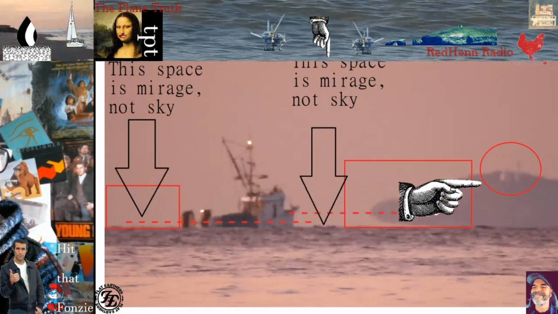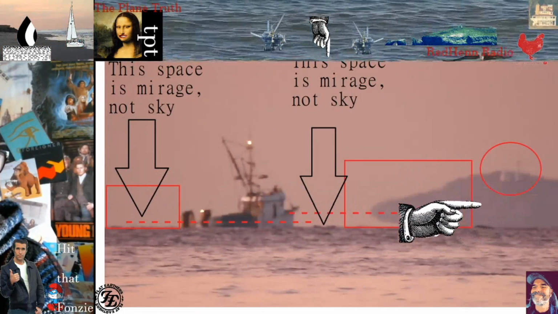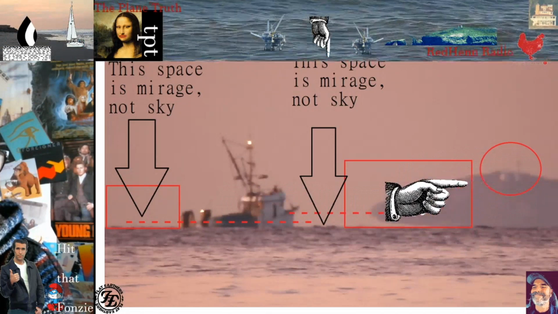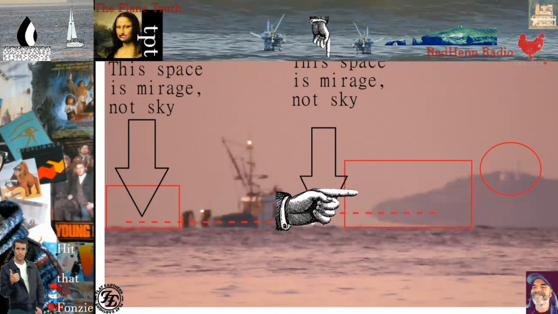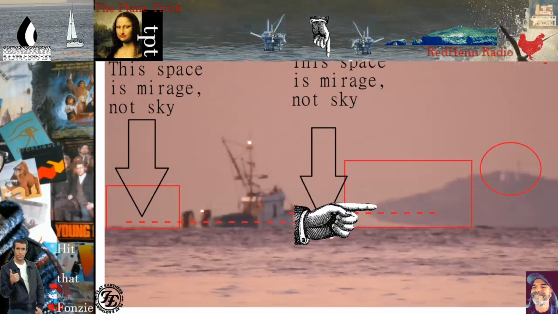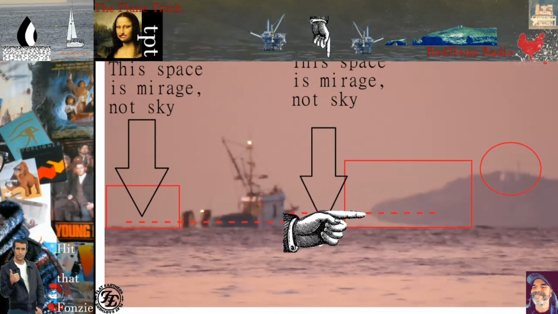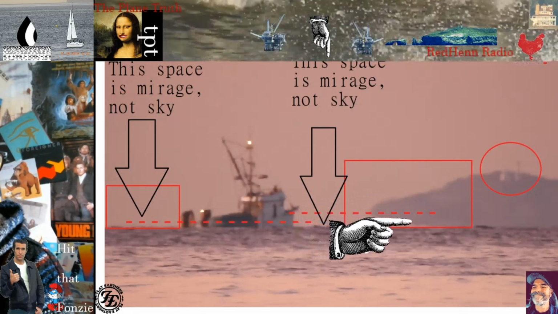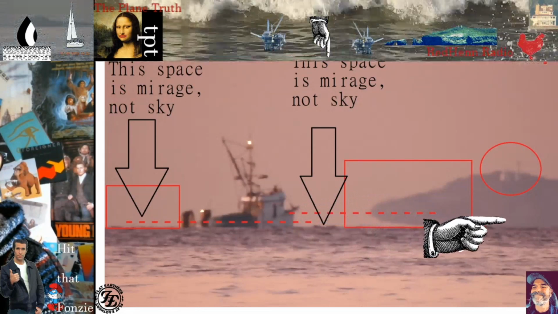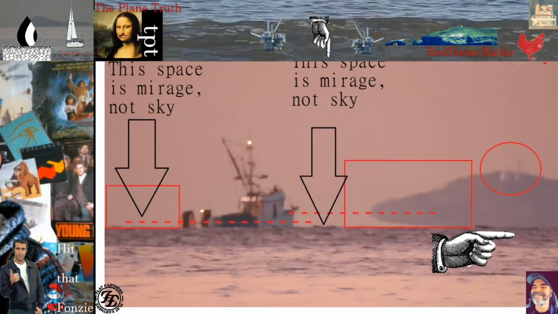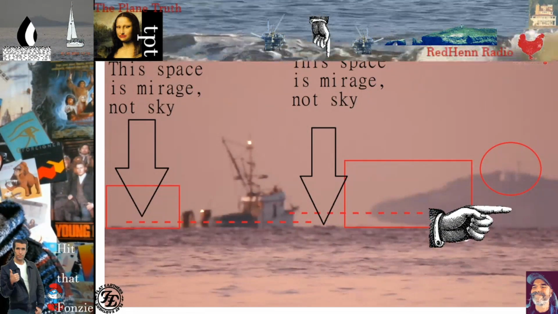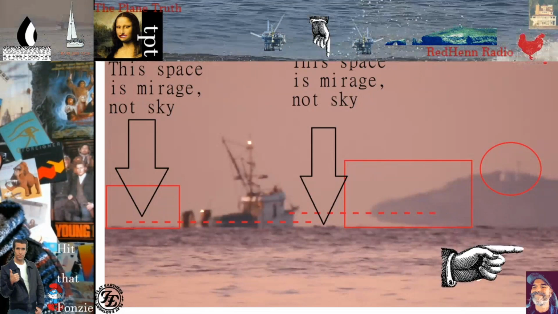So here we have the Anacapa Island. Here is the lighthouse. This is 19 miles away. Here we have an inferior mirage. Right here, that's not physical island. That's water. Water is going to continue.